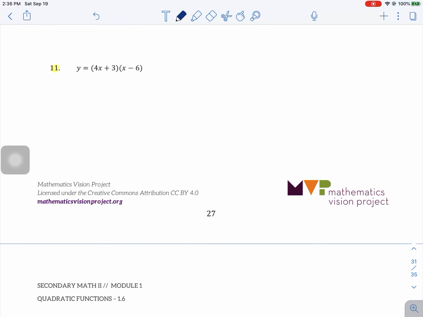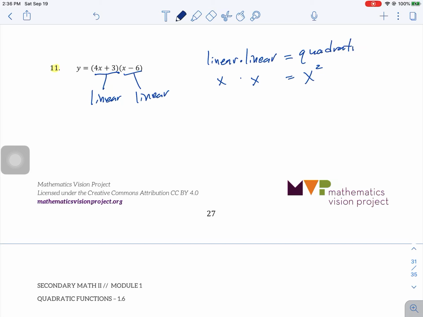This one is worth looking at. Notice that 4x plus 3 is linear. x minus 6 is linear. And if you multiply a linear times a linear, for example, x times x, you get x squared, so therefore you get a quadratic relationship.